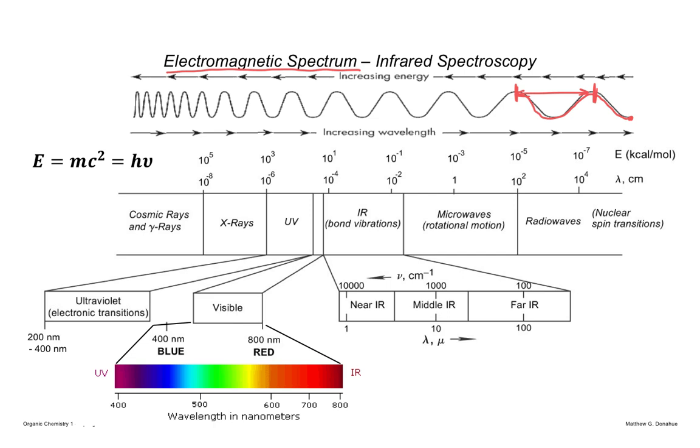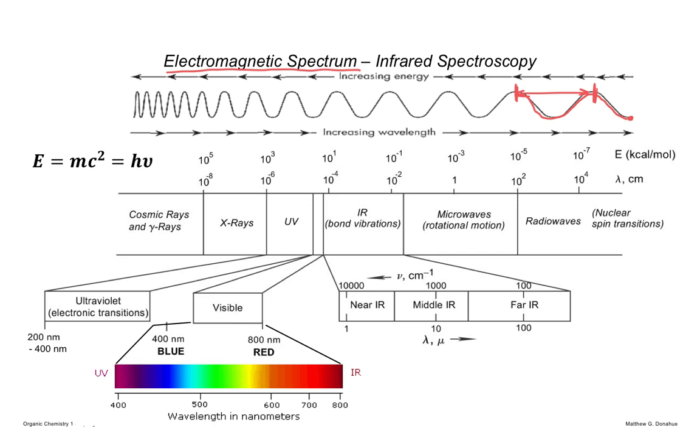So that would be a really long wavelength. Then if you look at the arrow right here on the bottom, that's low energy. So a longer wavelength has lower energy. As you decrease the wavelength, the energy gets higher.